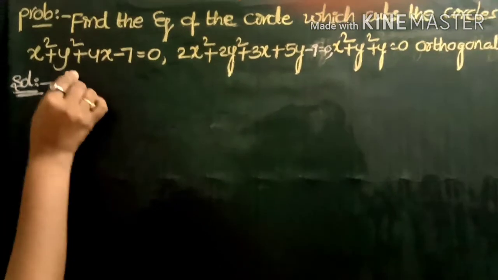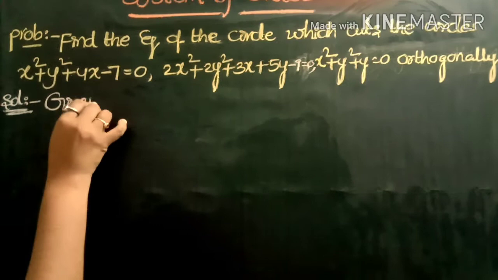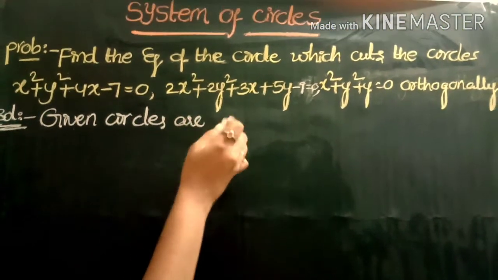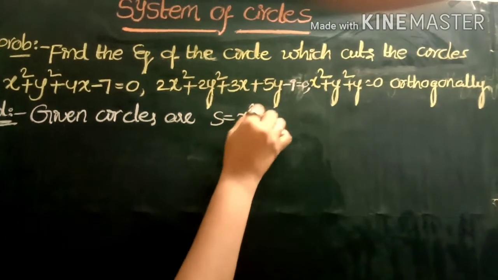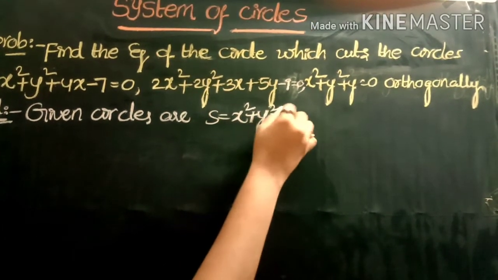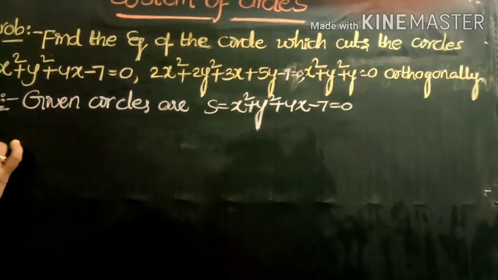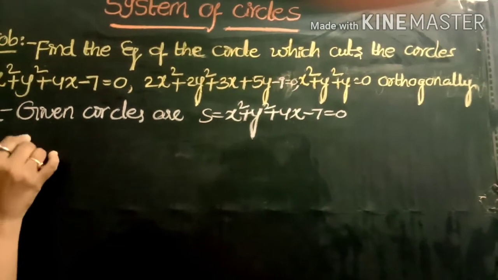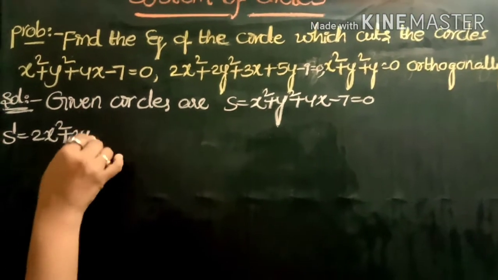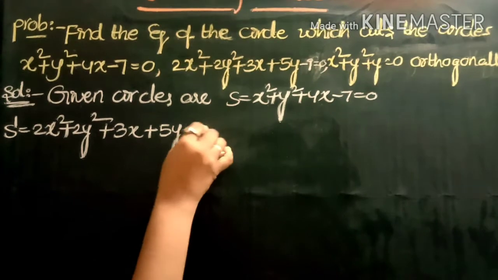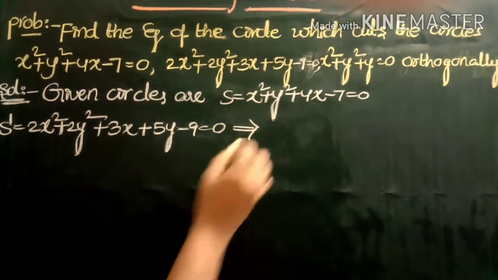So further, first here we are writing the given circle equations. Given circles are: the first circle is taken as S equals x square plus y square plus 4x minus 7 equal to 0, and S dash, the second circle, is 2x square plus 2y square plus 3x plus 5y minus 9 equals to 0, which is not in the standard form.